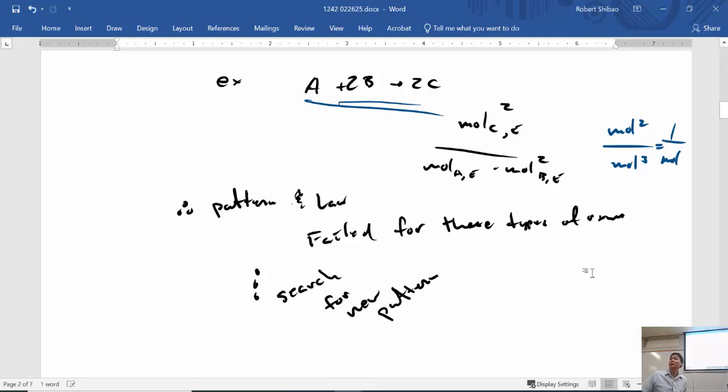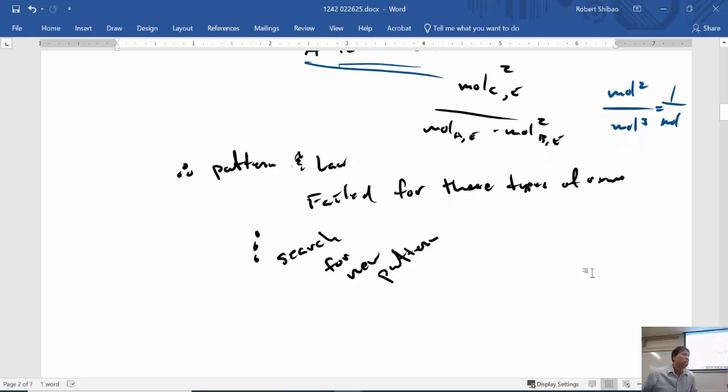So what would you try next? Any ideas? So this is a lot of work, obviously. It's not so easy to find new patterns, is it?